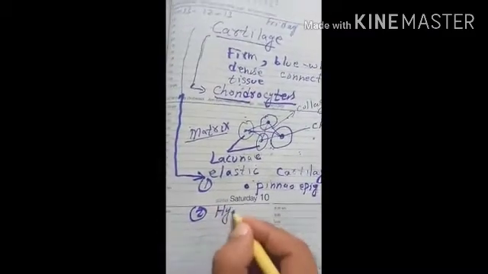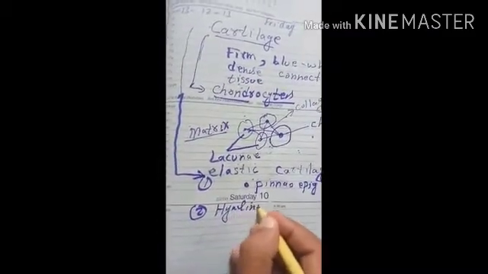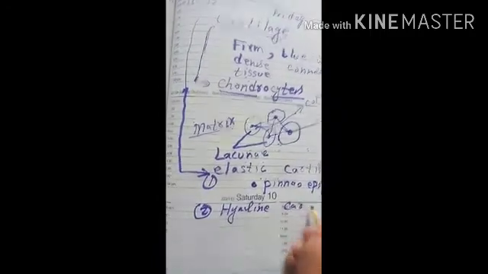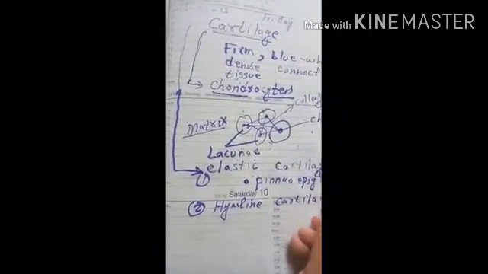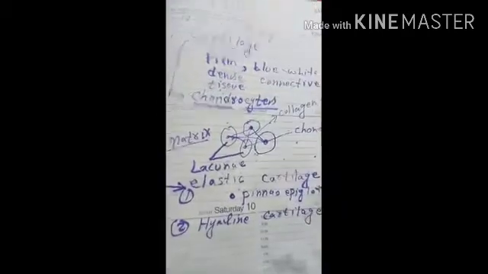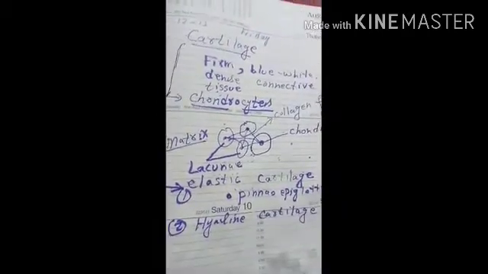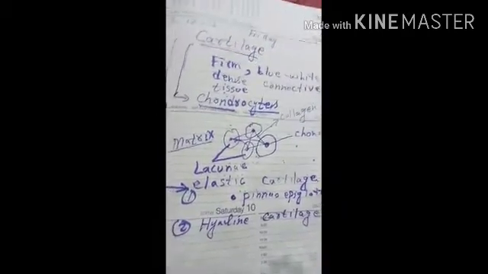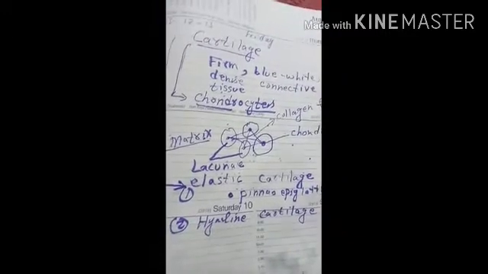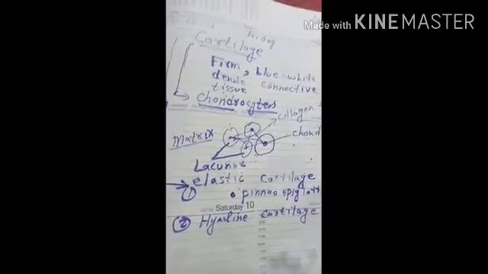The second type of cartilage described in your book is hyaline cartilage. This type of cartilage is also elastic like elastic cartilage, but its shape is different. Its shape is nose-like.